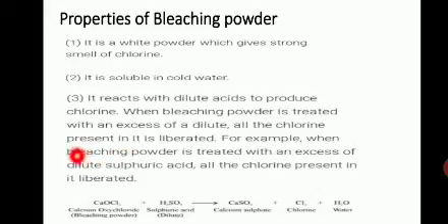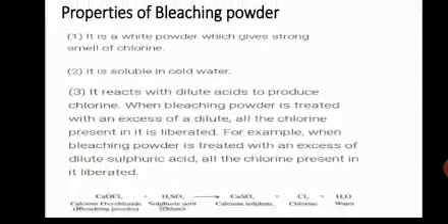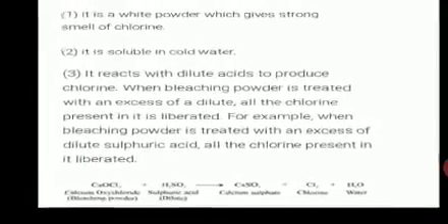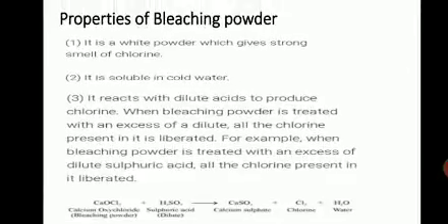When bleaching powder is treated with excess dilute sulfuric acid, all the chlorine present is liberated. The equation is CaOCl2 plus H2SO4 gives calcium sulfate CaSO4, chlorine plus water.